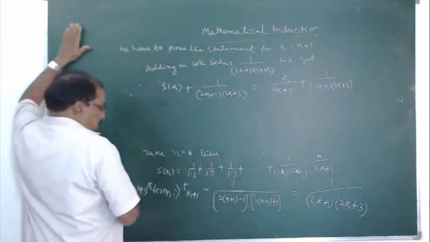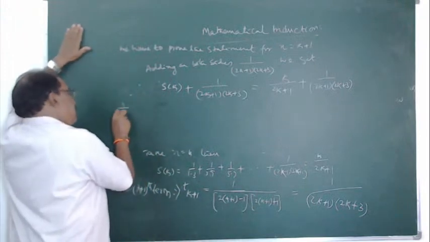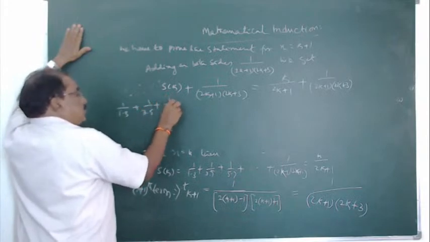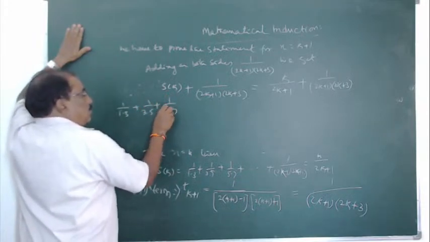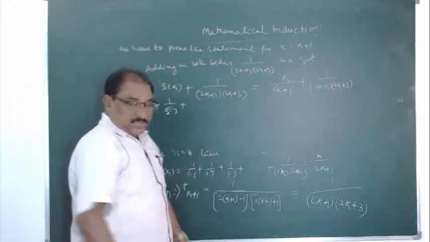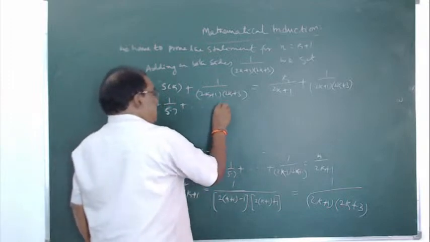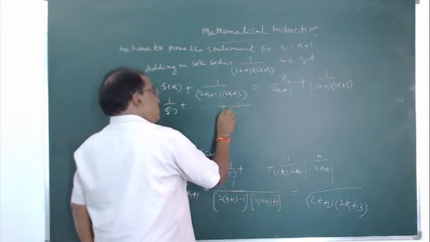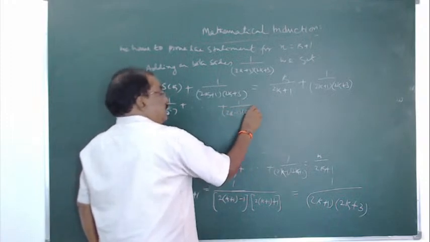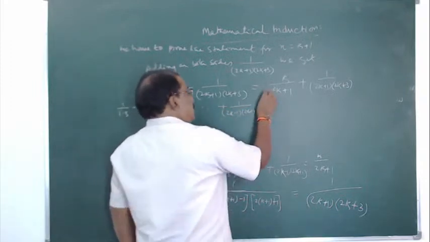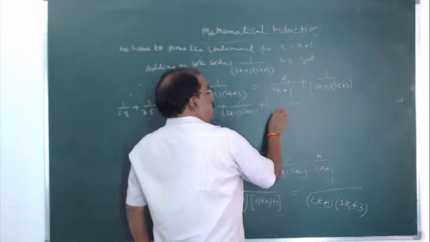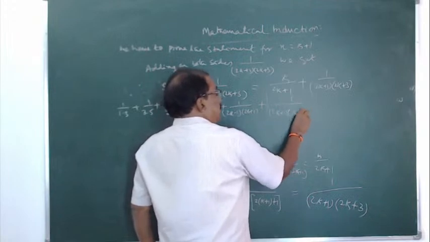What is Sk? Sk is nothing but 1 by 1 into 3, plus 1 by 3 into 5, plus 1 by 5 into 7, and so on. The k th term is 1 by (2k minus 1) into (2k plus 1), and the k plus 1 th term is the adding factor, 1 by (2k plus 1) into (2k plus 3).